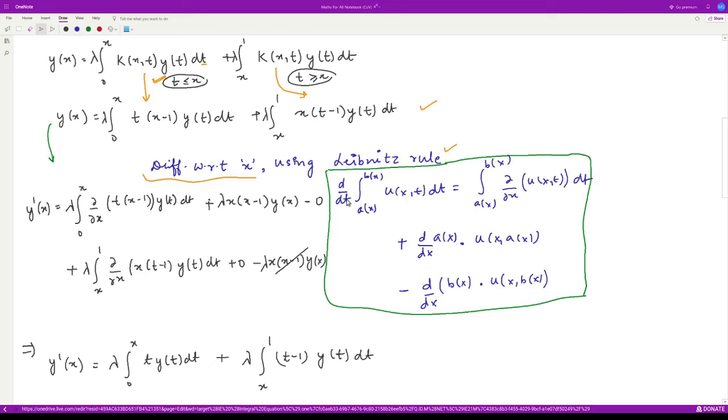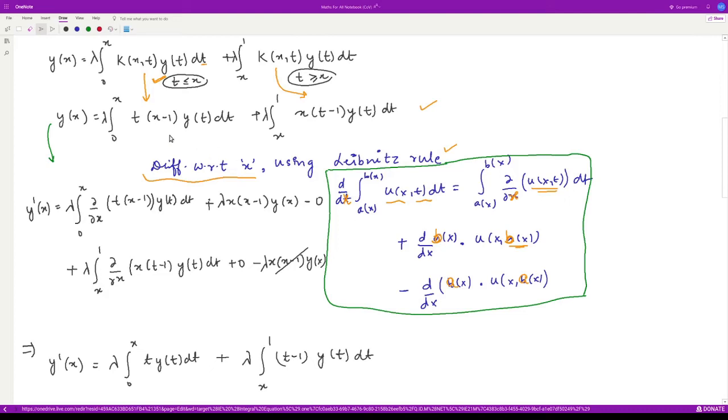It states that when you are to take the derivative of some function under the integral sign, you need to calculate the partial derivative with respect to that same variable x of the term u(x,t) inside the integral, plus you have to take the derivative of the upper limit, d/dx of b(x), and substitute the value of t as the upper limit, minus the derivative of the lower limit a(x), substituting that value of u over here, right? So this is our rule.